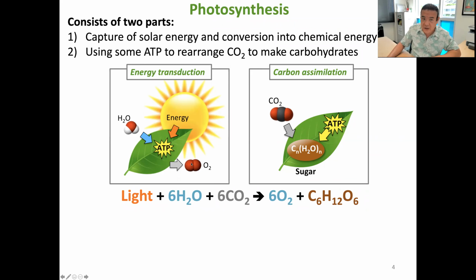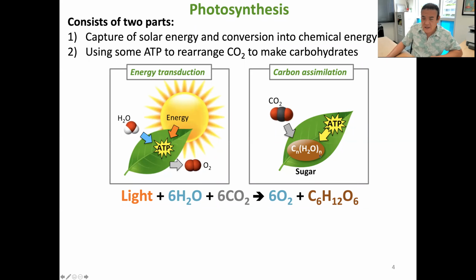The second step is what we call carbon assimilation. To assimilate means to pull together or to become joined together. What happens there is the plant takes some of the ATP that it made from the first step over here on the left and takes that energy from the ATP to convert carbon dioxide into sugar.